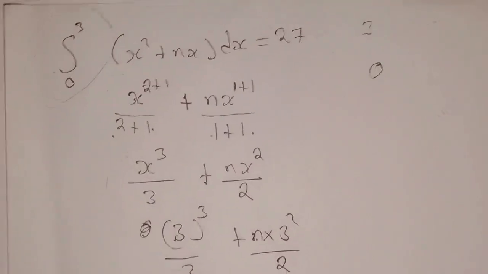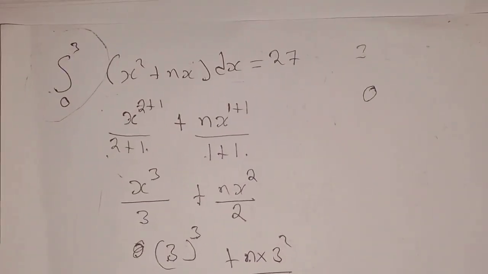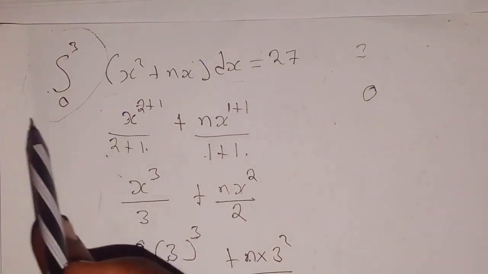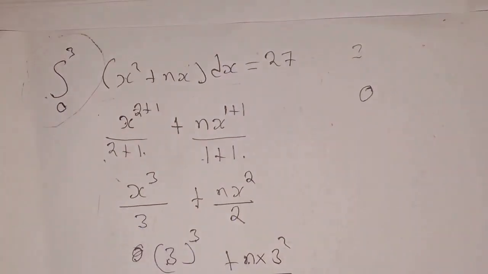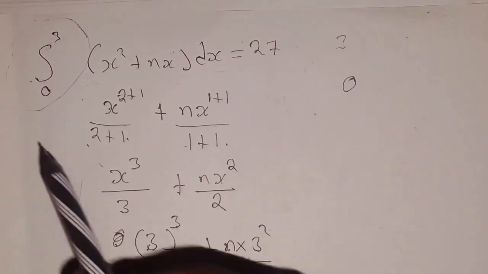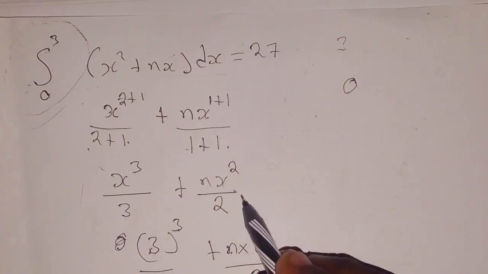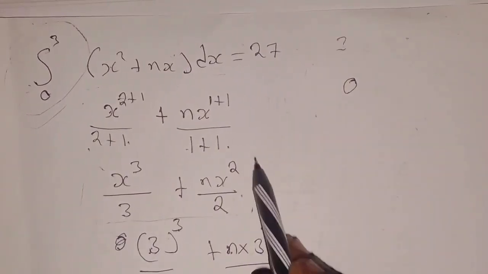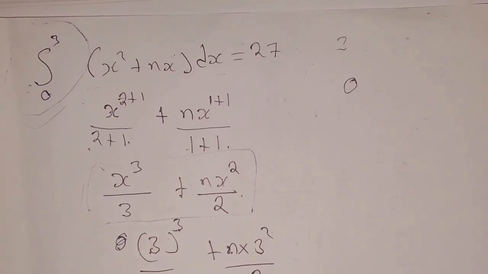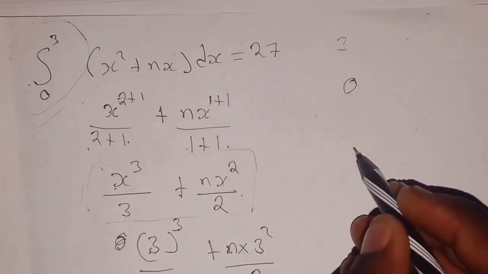Now let's find the value that we obtain after we replace x with 0. Remember, we replace this in the integral which we got. This part is the integral which we got. Where there is x, we replace with 0.